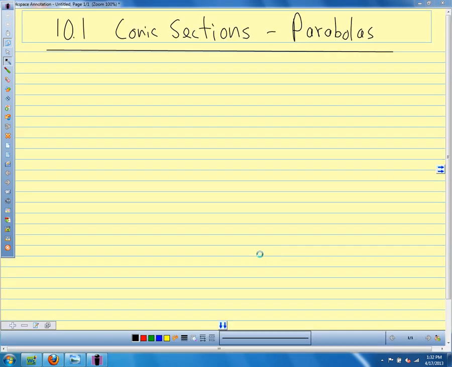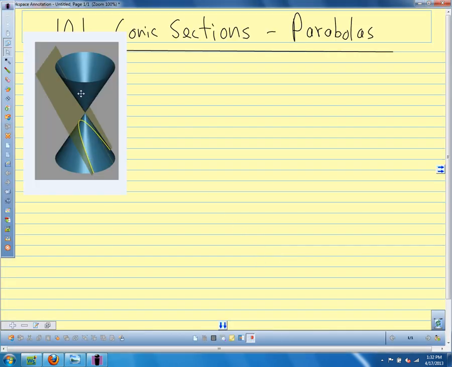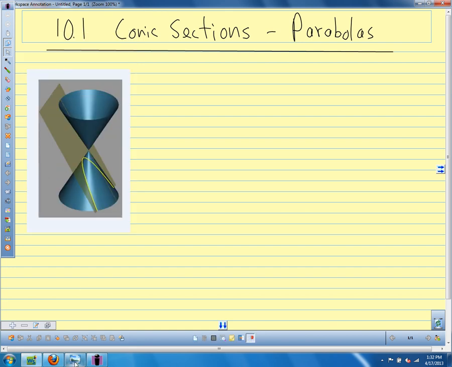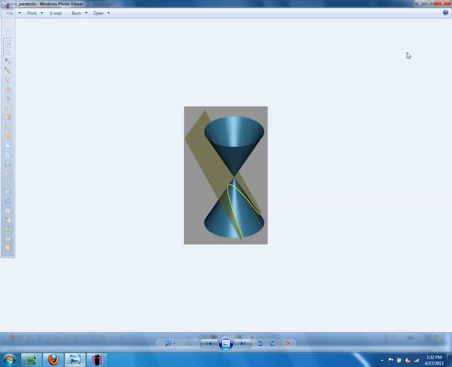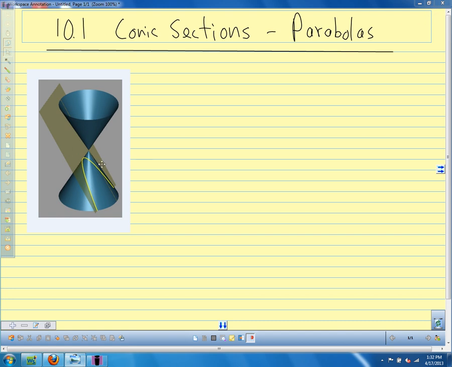So here's my picture. Turns out that if we cut a cone, so this is a cone, if we cut a cone with a plane parallel to one of the sides of the cone, we end up with a parabola. So that's why we call it a conic section.